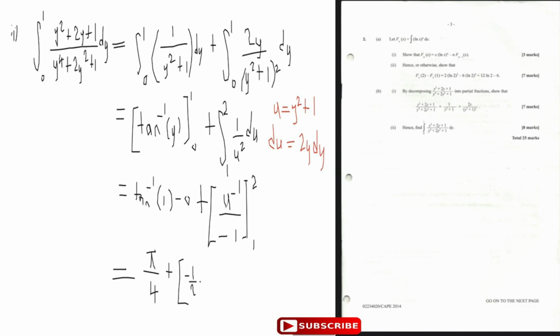Minus, when we put in 1, it's 1 to the minus 1 divided by minus 1, which is just minus 1, so it becomes minus a half plus 1, which is just a half. So the final answer is pi by 4 plus a half.